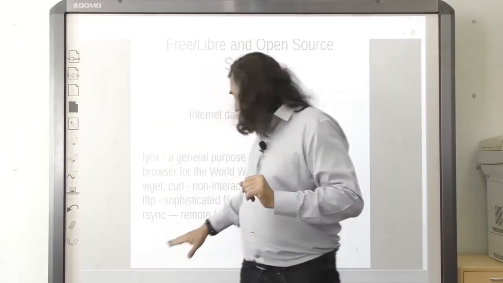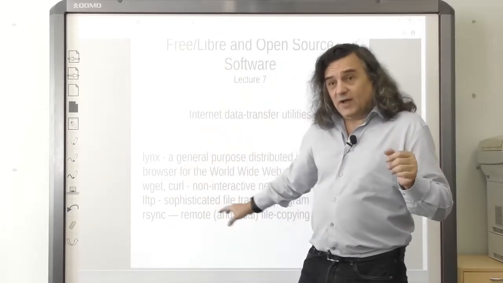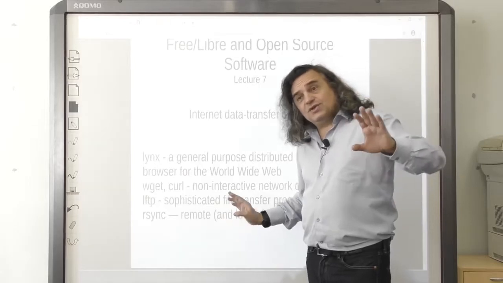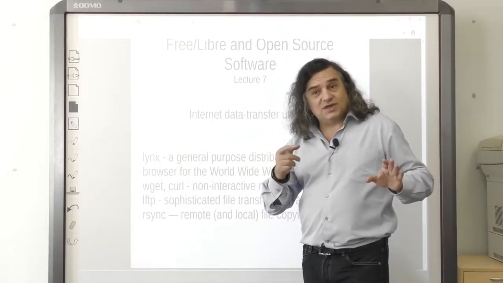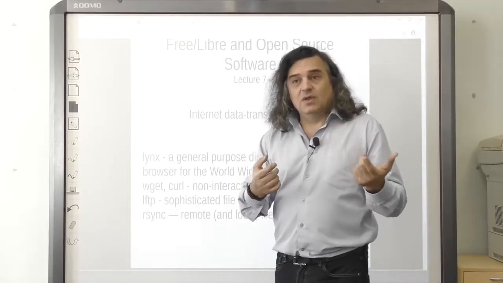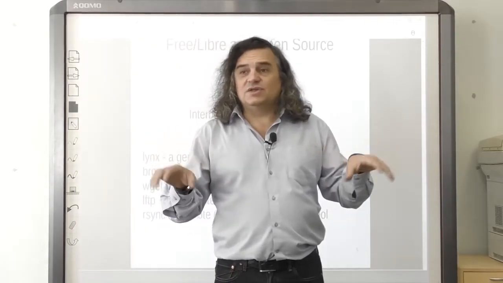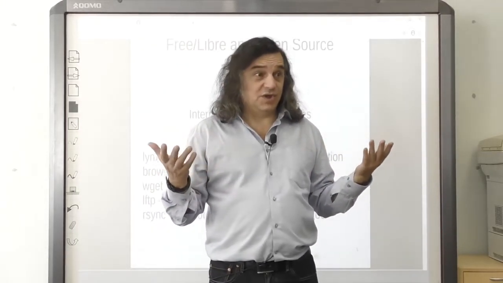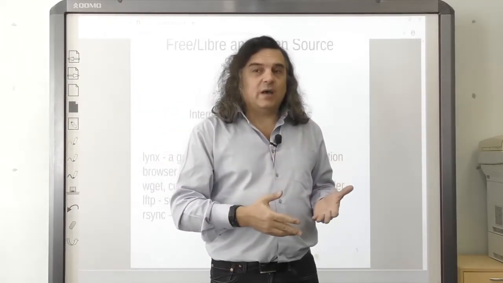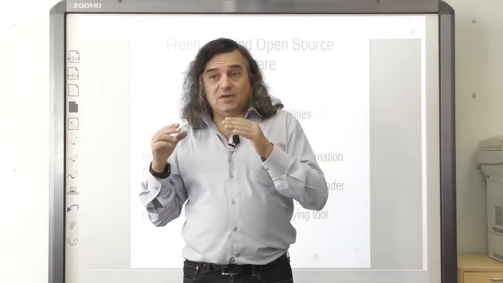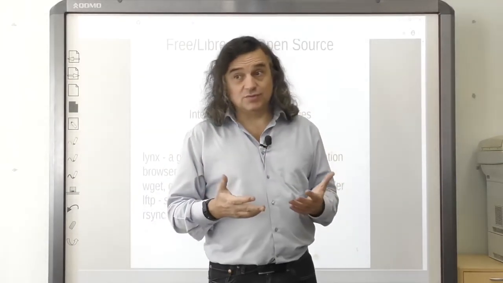And finally, rsync, a remote and local file copying tool, which reduces the amount of data sent over the network by sending only the difference between the source files and the existing files in the destination. rsync is widely used for backups and mirroring, and as an improved copy command for everyday use.